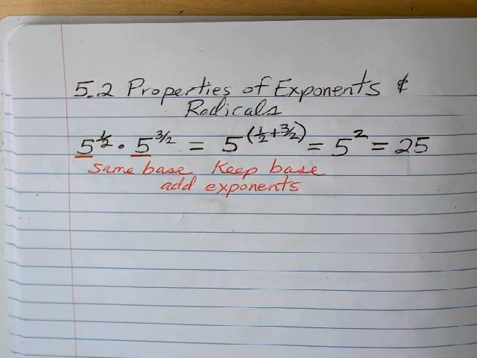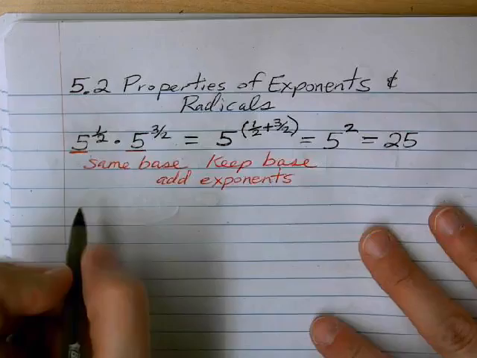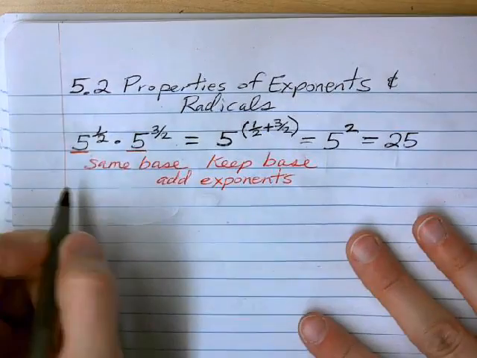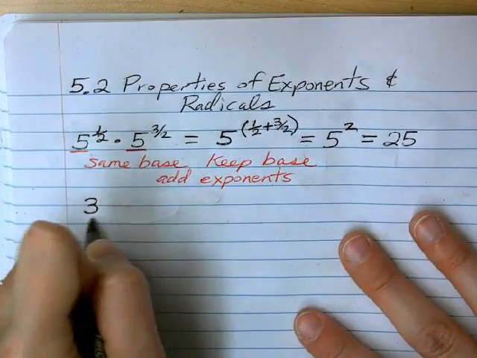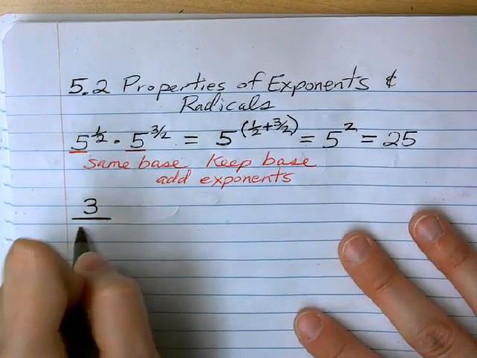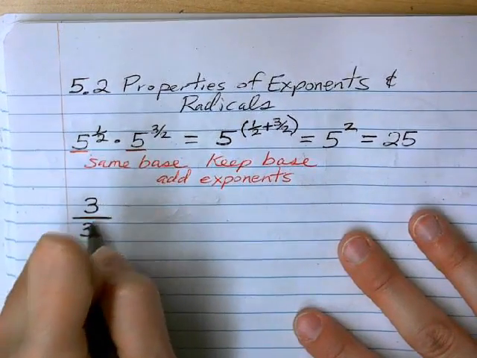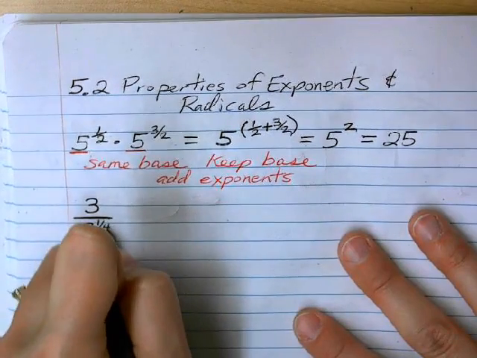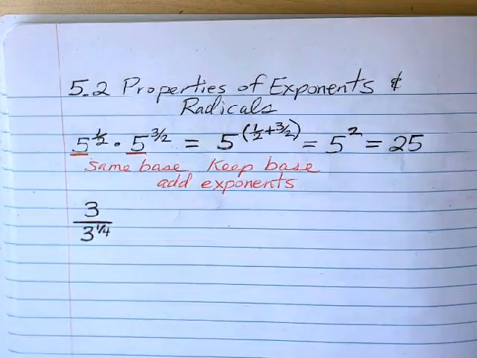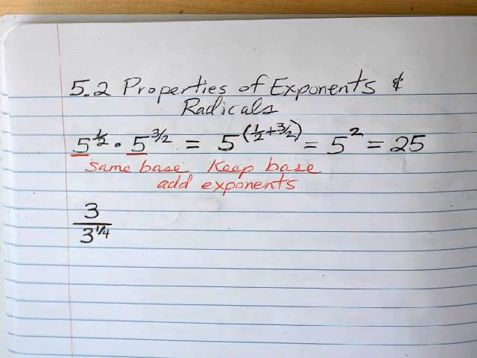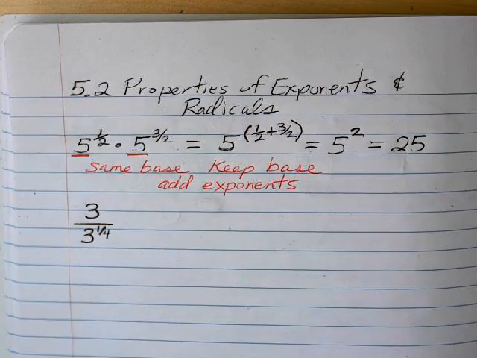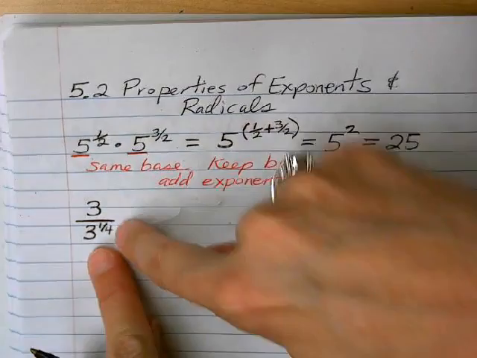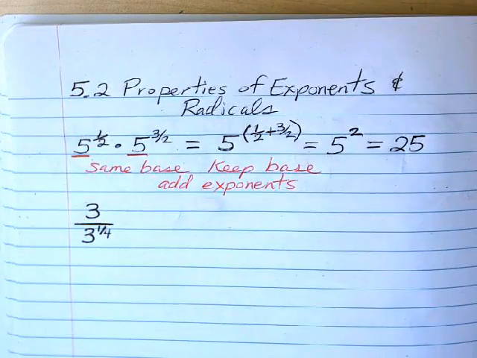Okay, so then let's try one where it's 3 on the top over 3 to the 1/4 power. This is another rule you've learned in the past, but it looks harder now because it's an Algebra 2 problem with fractions.